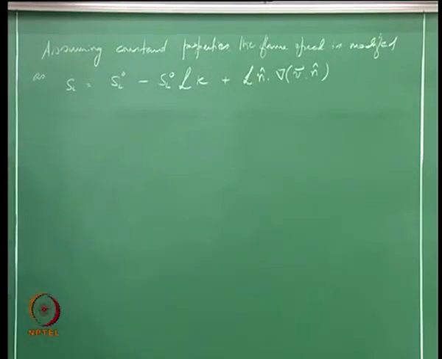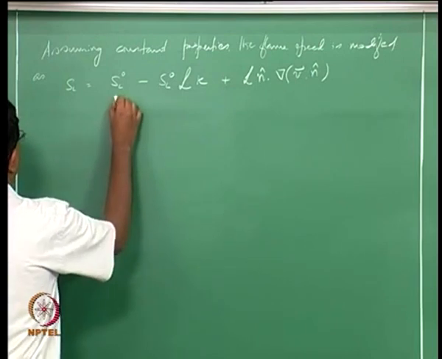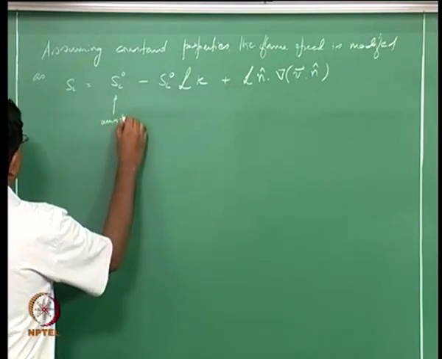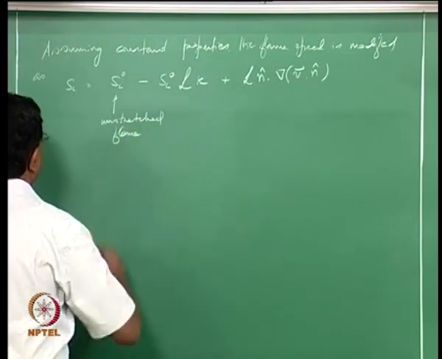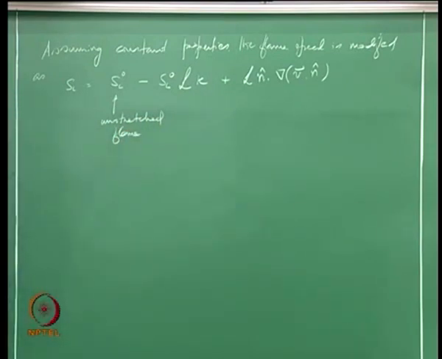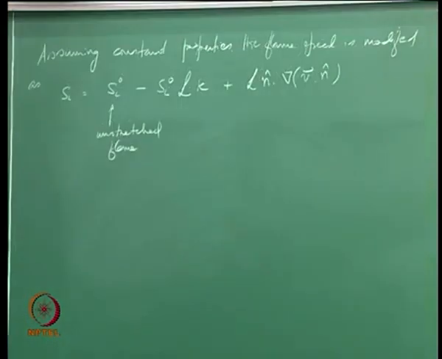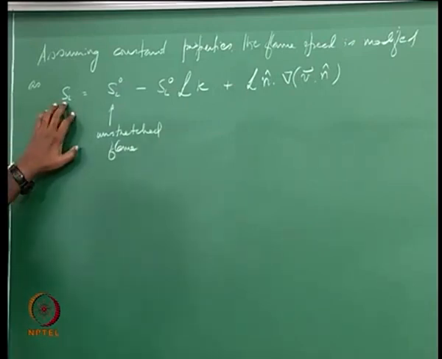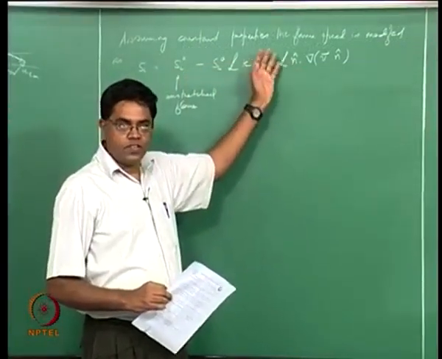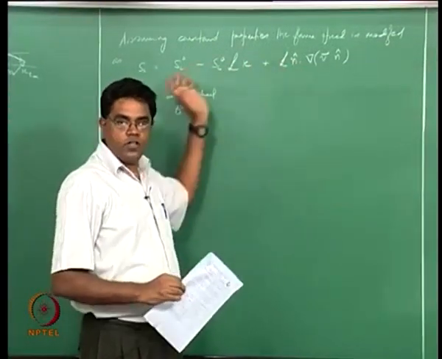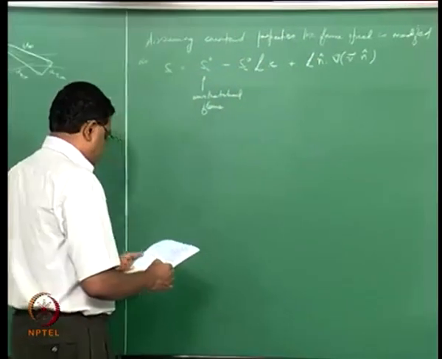So here the SL naught is basically the unstretched flame. It does not suffer from the flame curvature and flow divergence effects, okay, but SL is actually the flame speed that you would have to use for a flame that is curved and also induces a flow divergence correspondingly, and therefore alters the flame speed as well, right.